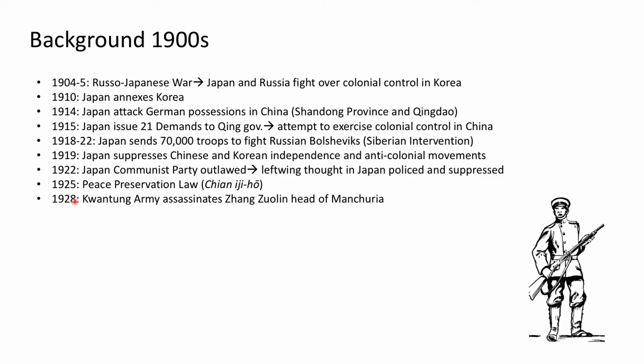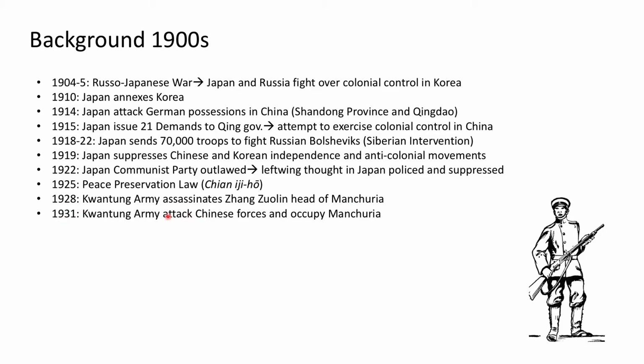So already at this time, the Kwantung Army is in the Liaotong Peninsula, which it inherited after the Russo-Japanese War, but it's also controlling the South Manchurian Railway throughout many parts of northern China and Manchuria, and the military starts to then see Manchuria as an essential part of Japanese territory, a territory that they had purchased through the blood sacrifices of earlier wars, and started to see it as essential for maintaining their control and protecting Korea as well.